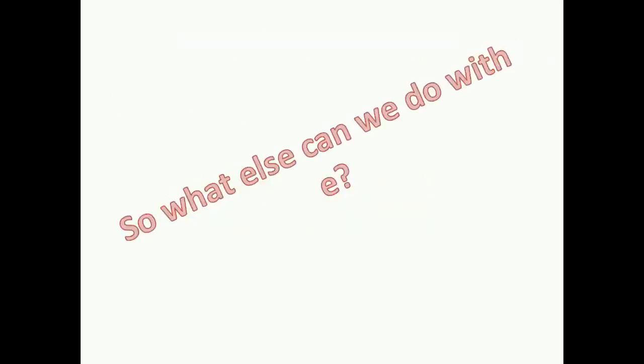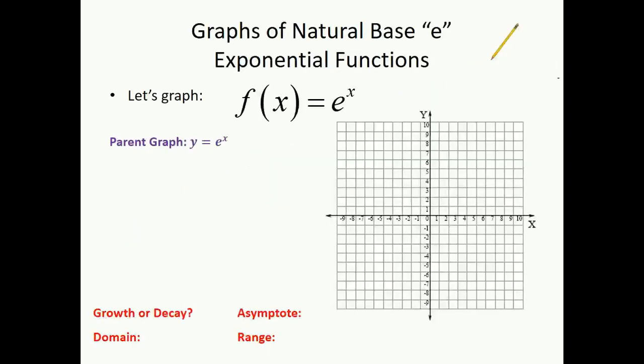So you're probably asking, what else can we do with e? Well, we can graph e. Yay! We can graph e. So let us look. We've got a parent graph of y equals e to the x. Now we're still going to be making a table, just like last time: -1, 0, 1, and 2, just like when we were making those exponential graphs, because basically e is an exponential.